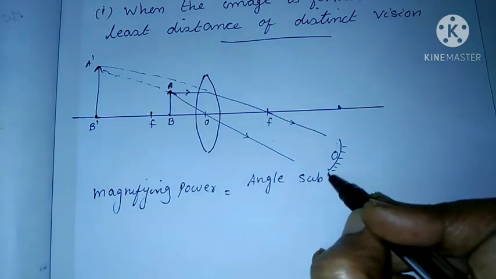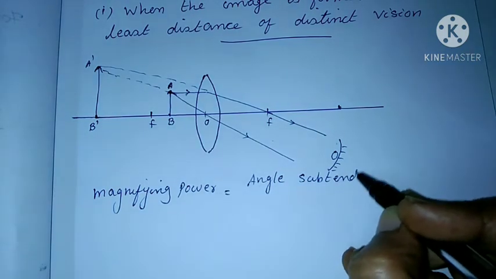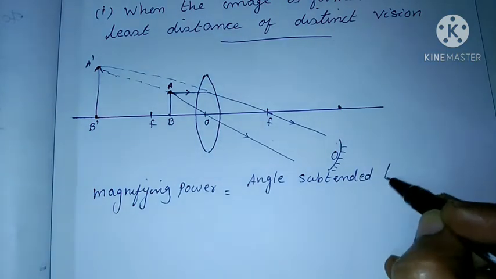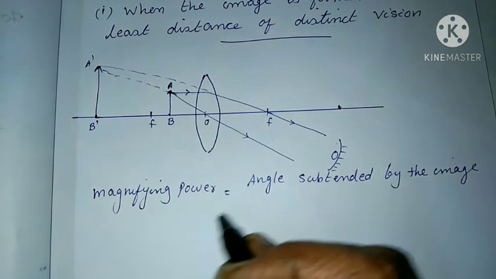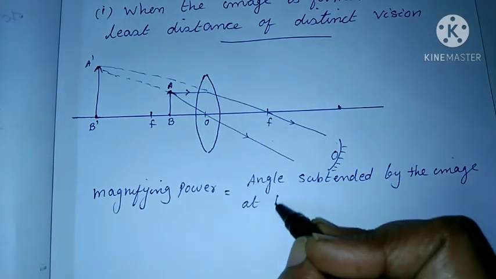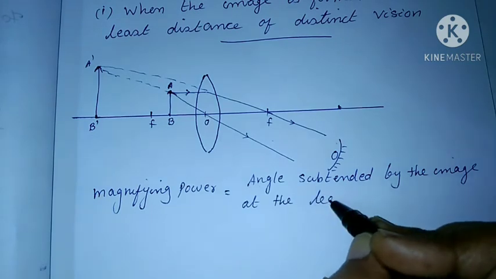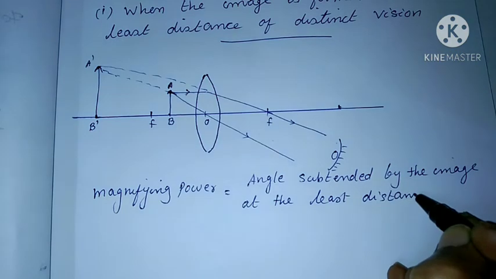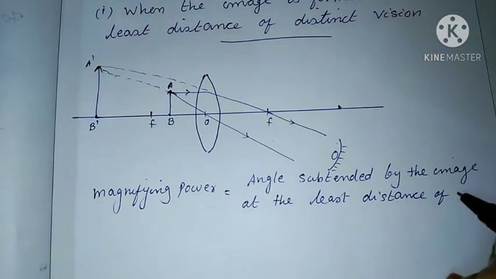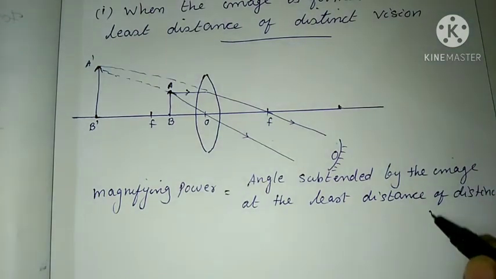So we can write here, it is the angle subtended by the image at the least distance of distinct vision to the angle subtended by the object at the least distance of distinct vision. Clear?